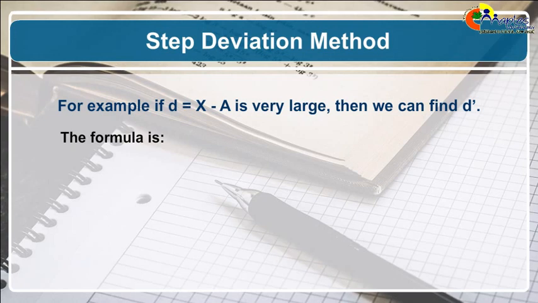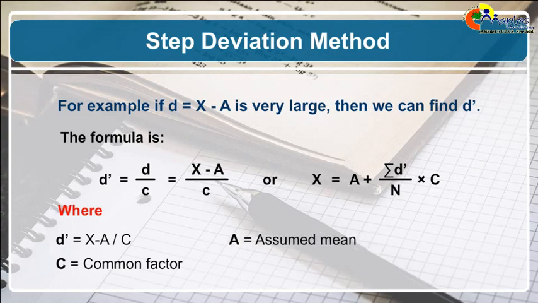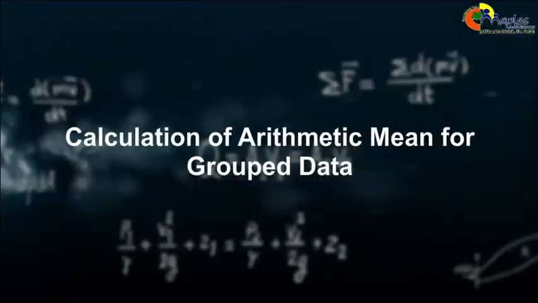The formula is d' = d/c = (x - A)/c, or x bar = A + (Σd'/n) × c, where d' = (x - A)/c, c = common factor, and A = assumed mean.